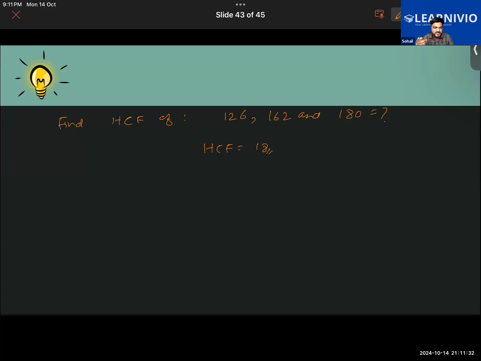Then what was the HCF you were getting for these two numbers? 18. And then you took 18 and 126, right? So you'll be getting 18. Very good. So we have learned about that.